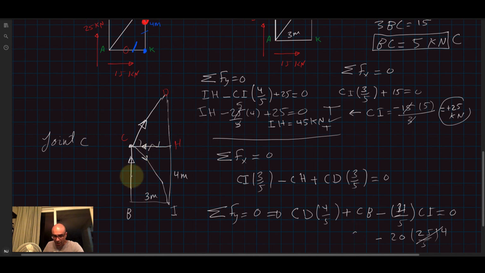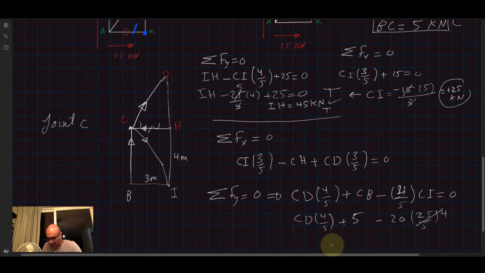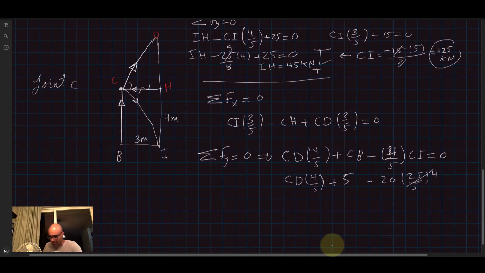Now CD is also given, 5 kilonewton. So this is 5 plus here CD. Where is CD? That's what we need to find. Times 4 over 5. Okay, good.